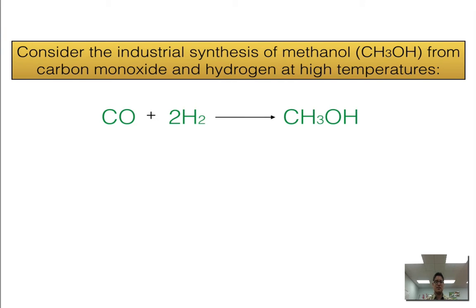All right, now let's look at a chemistry example to see how this works. Consider the industrial synthesis of methanol, CH3OH, from carbon monoxide and hydrogen at high temperatures. Carbon monoxide and hydrogen will combine at a high temperature to make methanol. This is a balanced stoichiometric equation.